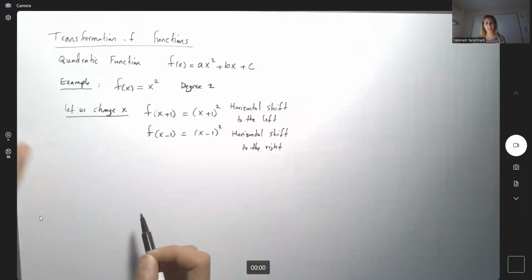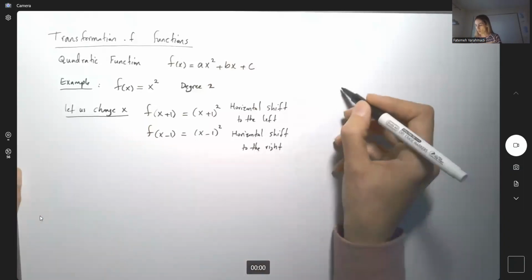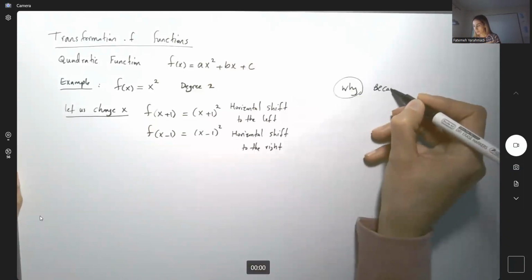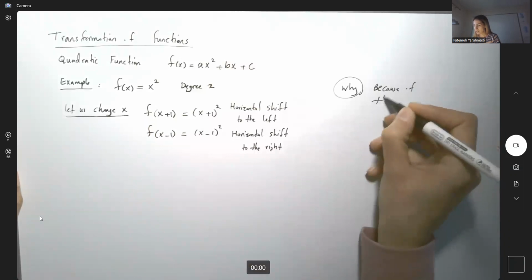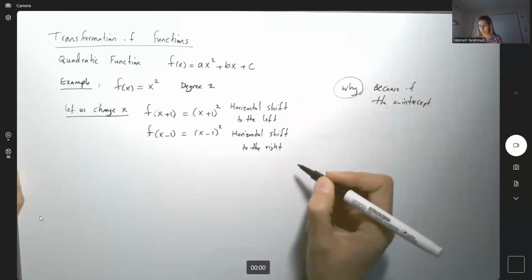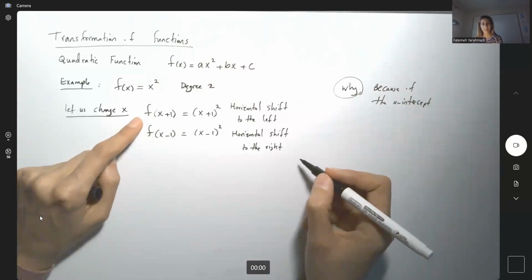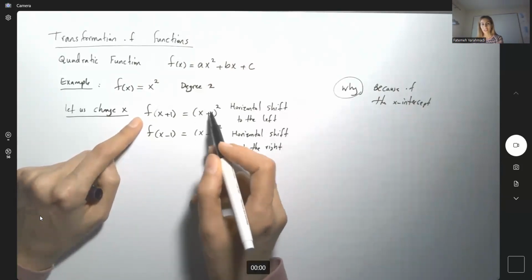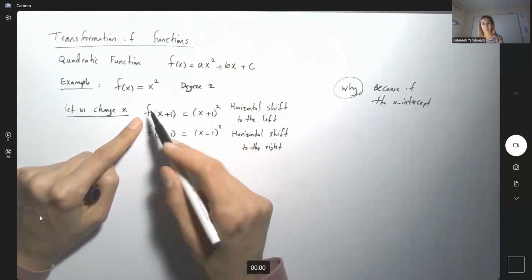Because of your intercept. The x-intercept. If I ask you to find the x-intercept of this function, you're going to say that x-intercept happens when y is 0.